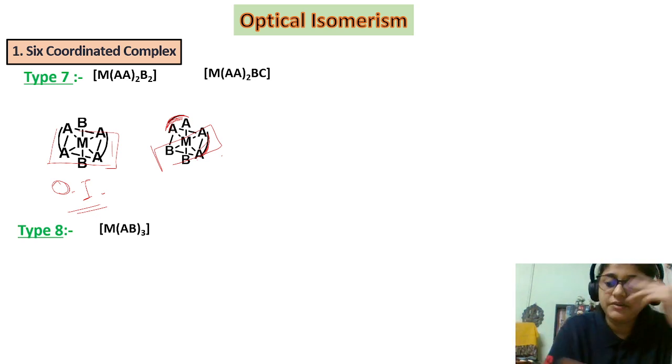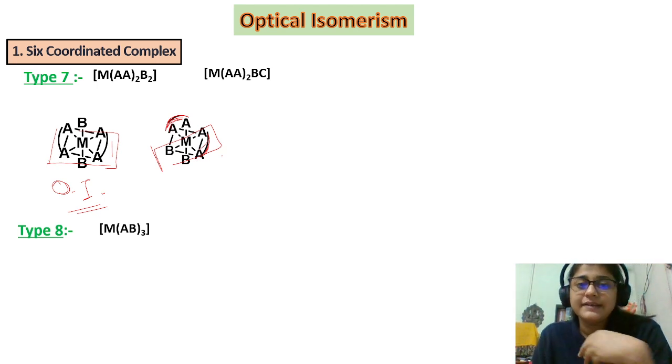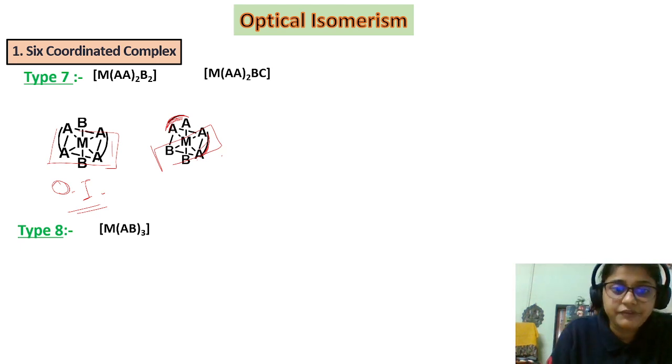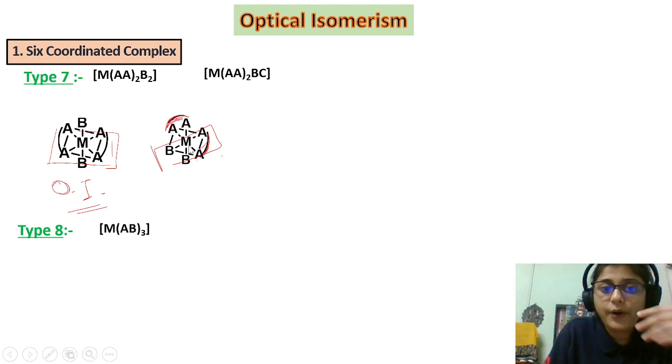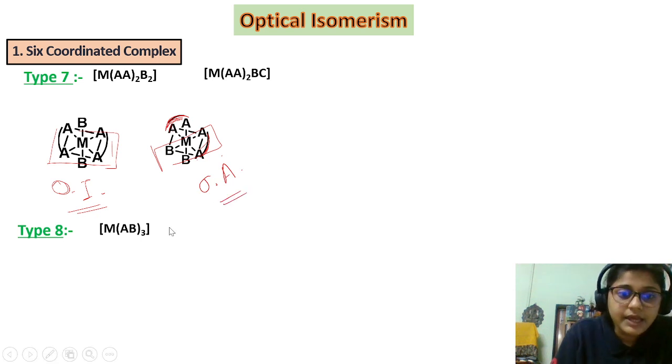So always imagine 3D models. As I don't have any models, I have to show you this way. It will not have any mirror plane, so it will be optically active, of course.